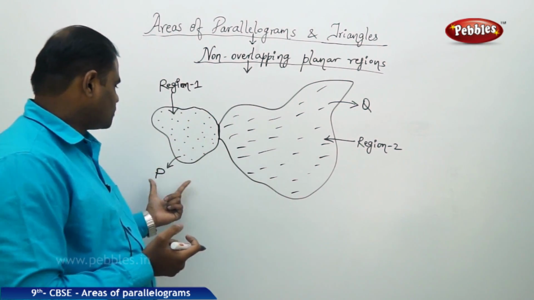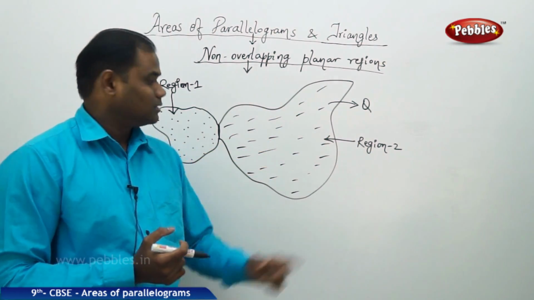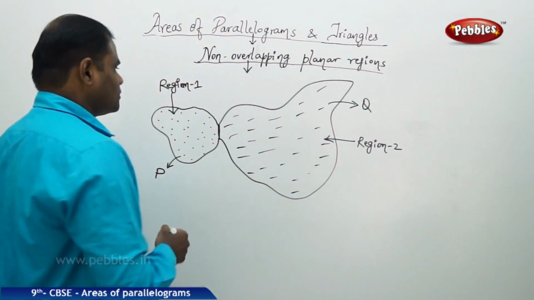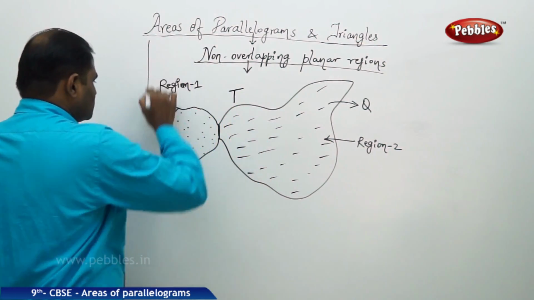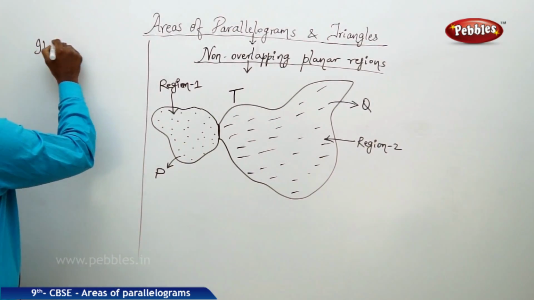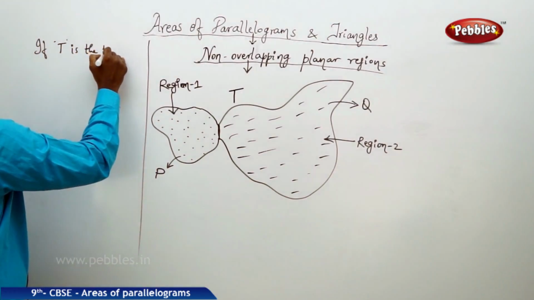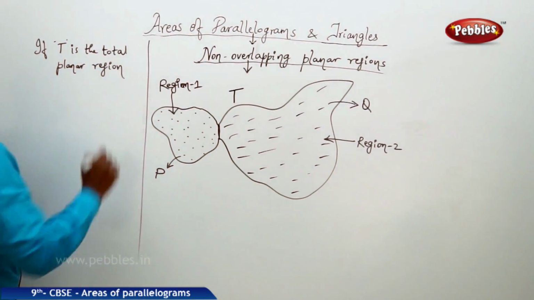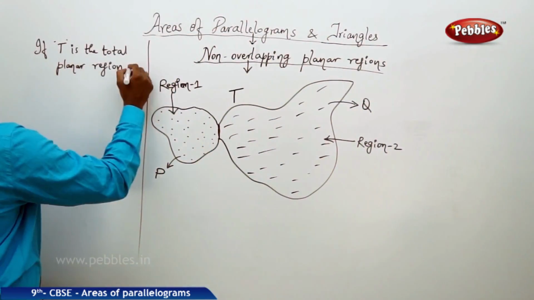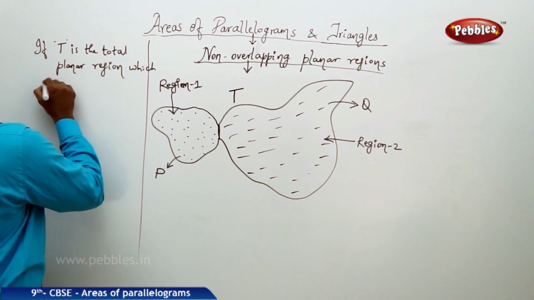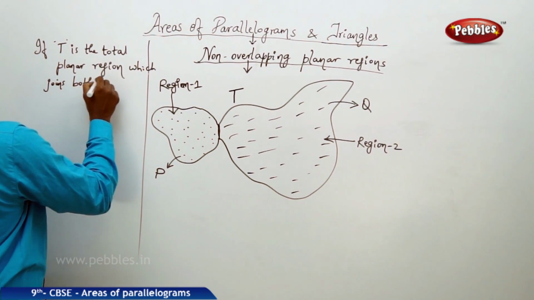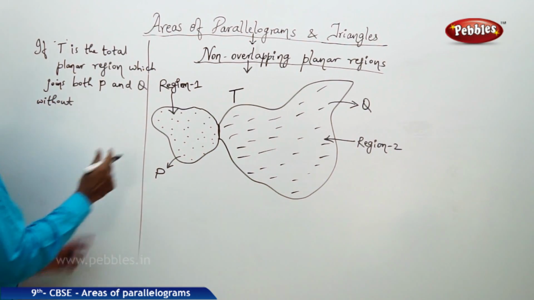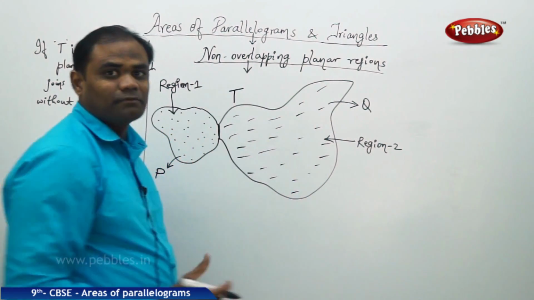Now the planar region 1 denoted by P and the planar region 2 denoted by Q are joined together, where the whole region joined is denoted by T. T is the total planar region which joins both the region 1, P, and the region 2, Q, without overlapping.